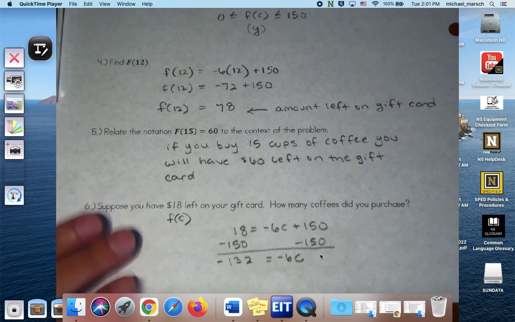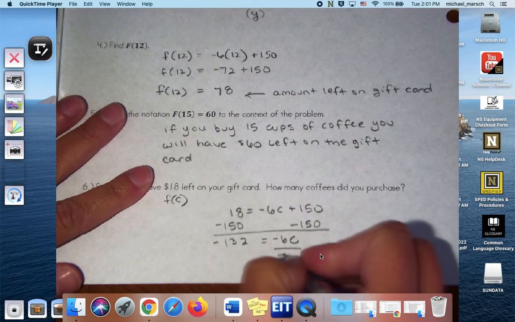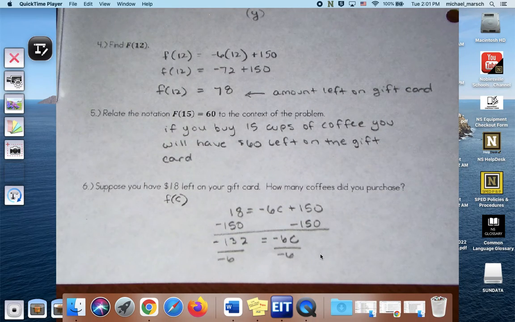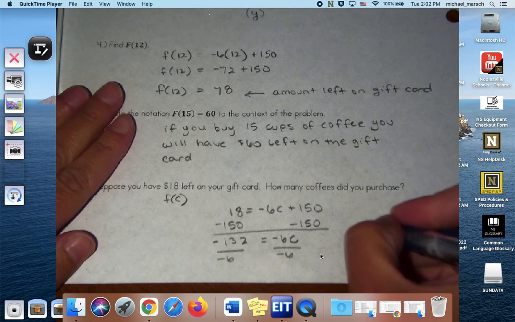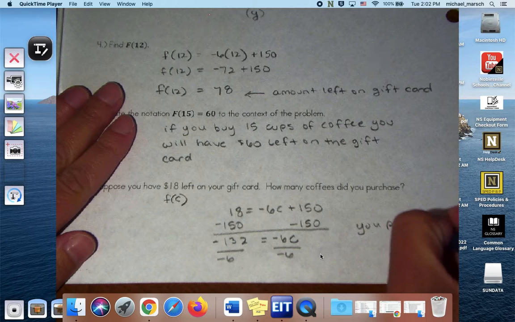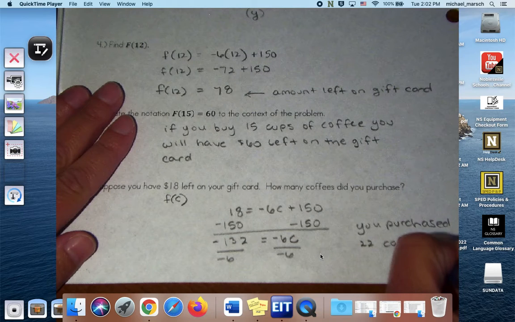Don't worry, negative divided by a negative gives us a positive, so don't worry that we have negative weird numbers. So how many purchased coffees? 22, right?